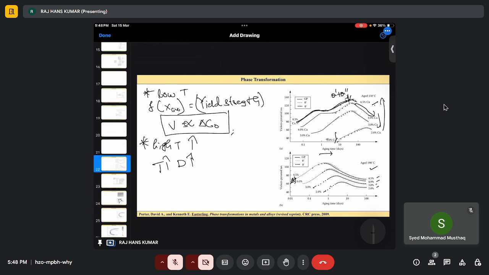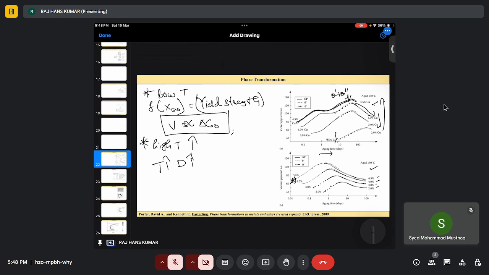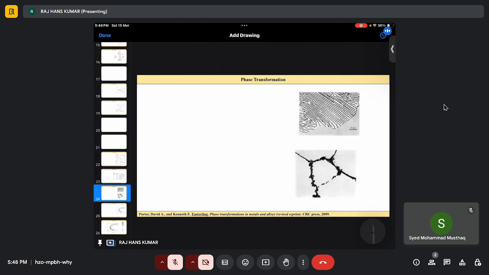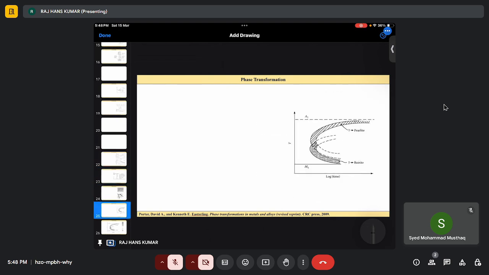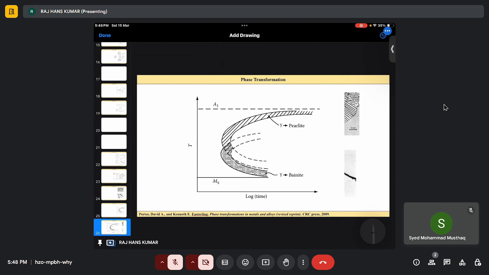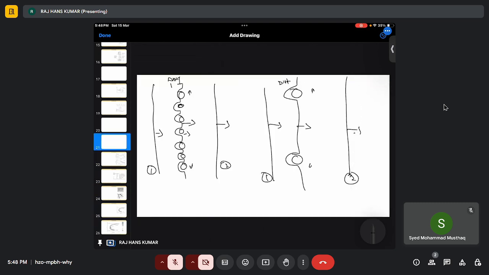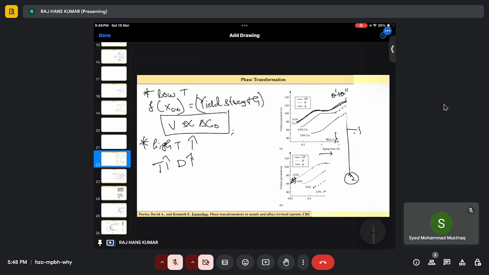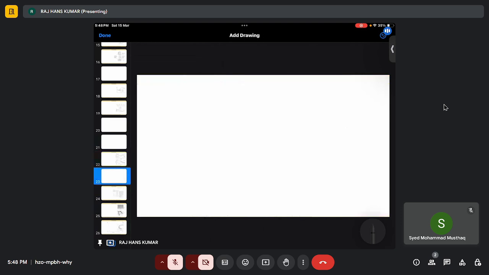I'll explain this in a few minutes. Because we have seen the TTT diagrams, right? So if I try to draw the TTT diagram of these precipitates.